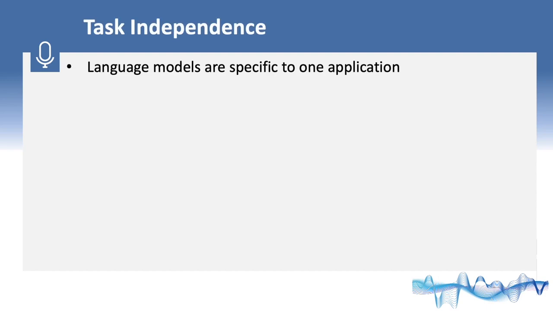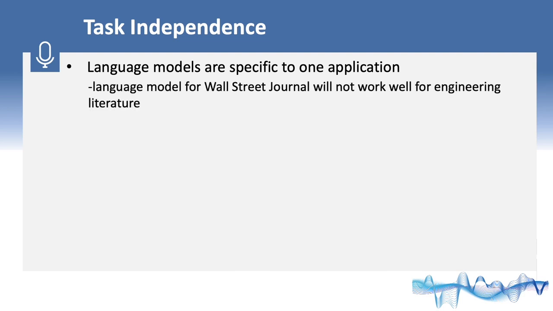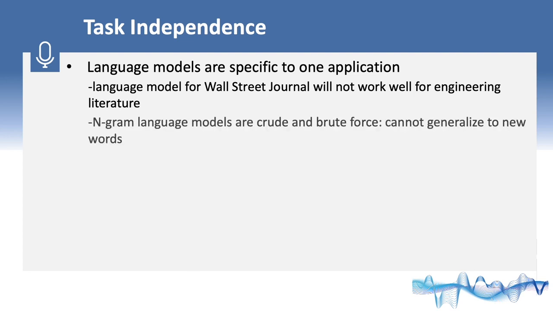Language models are specific to one application. For example, a language model for Wall Street Journal will not work well for engineering literature. N-gram language models are crude and brute force, and cannot generalize to new words. Under such conditions, the recognition is task independent.